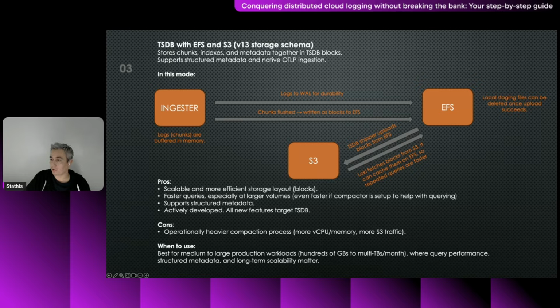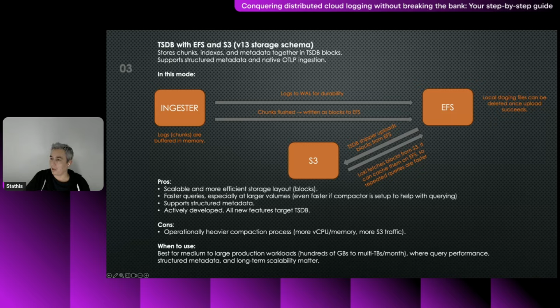At the same time, logs are written into the WAL on EFS for crash recovery. When size or time thresholds are reached, Loki flushes chunks and writes them into TSDB blocks stored on EFS. These are partial TSDB blocks, by the way.